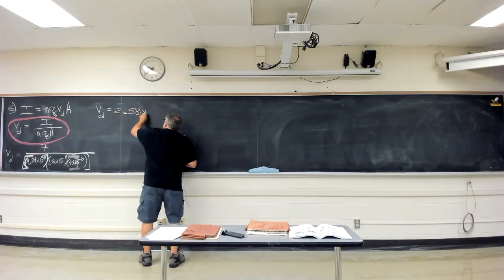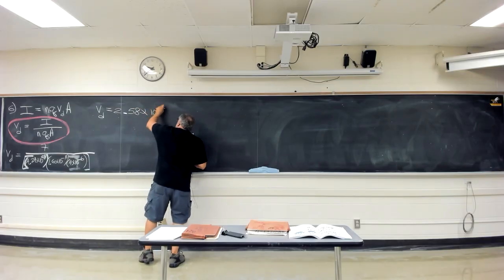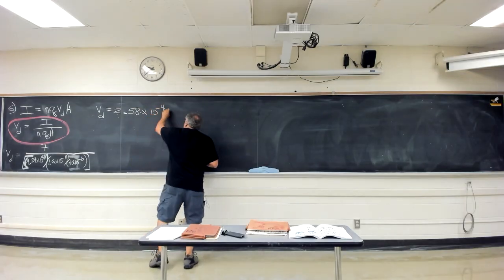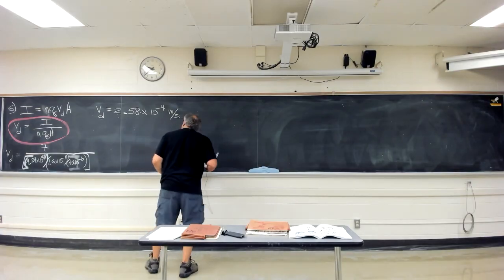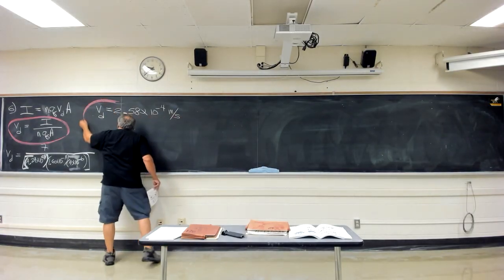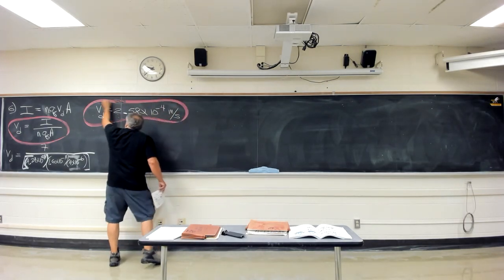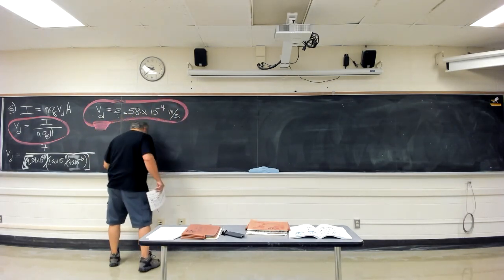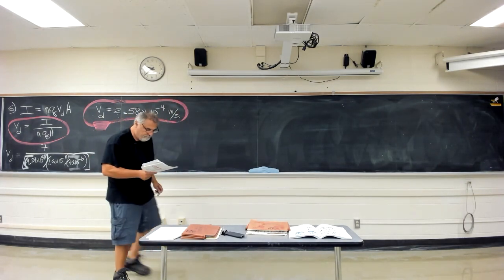2.58 times 10 to the negative 4 meters per second is the drift velocity that they're talking about. Absolutely.